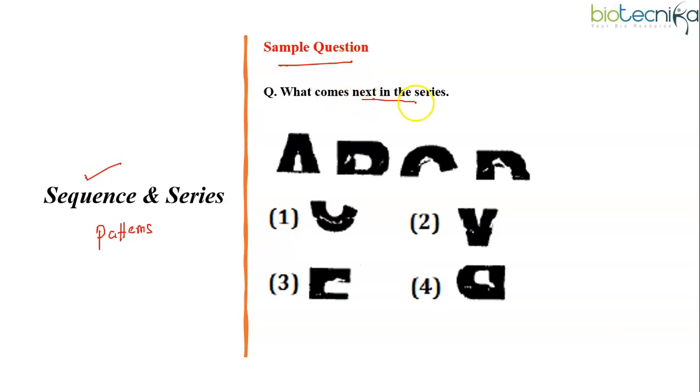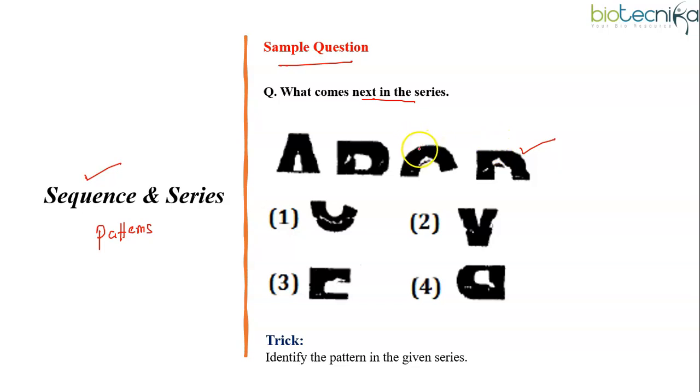What comes next in the series? A picture is given and we have to analyze this picture and find out what comes next in the series. The trick of solving such type of question is to identify the pattern in the given series.